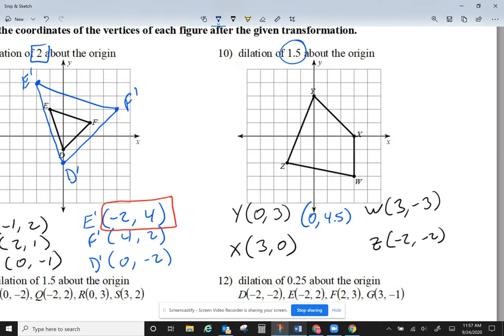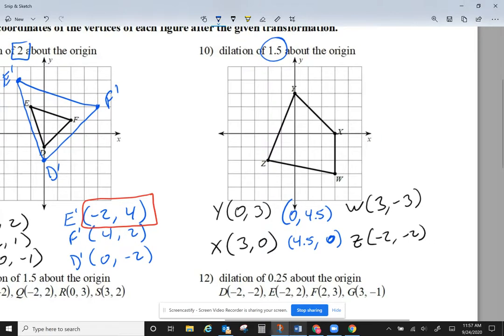I multiplied each by the scale factor. If I ask you for X prime, I'm expecting you to type in 4.5, 0. For W prime, I'm expecting 4.5, negative 4.5. And for Z prime, I'm expecting negative 3, negative 3.